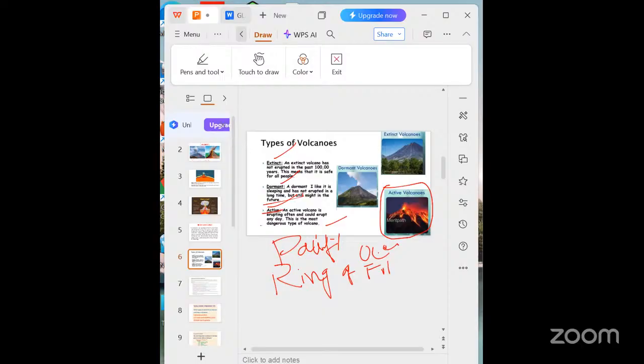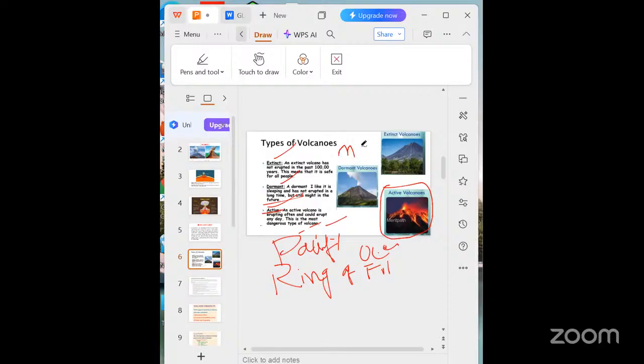So dormant volcanoes are those which have not erupted for a long time, but they can erupt again in future.